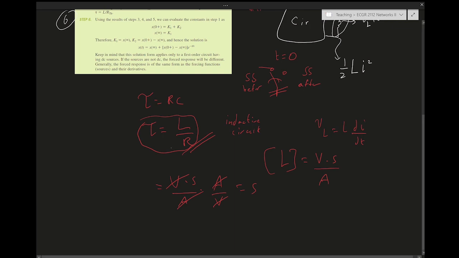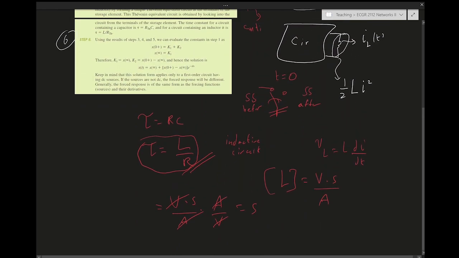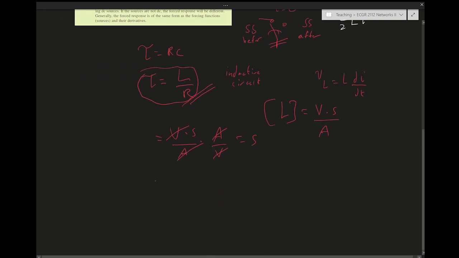The idea is that we could have a complicated circuit. We could have some kind of circuit that has many elements, many resistive elements, let's say, and many voltage sources and current sources and whatever, right? It could have dependent sources.